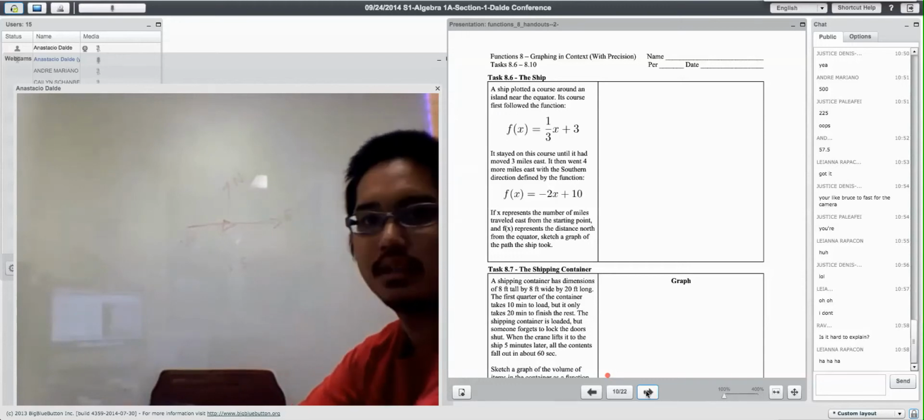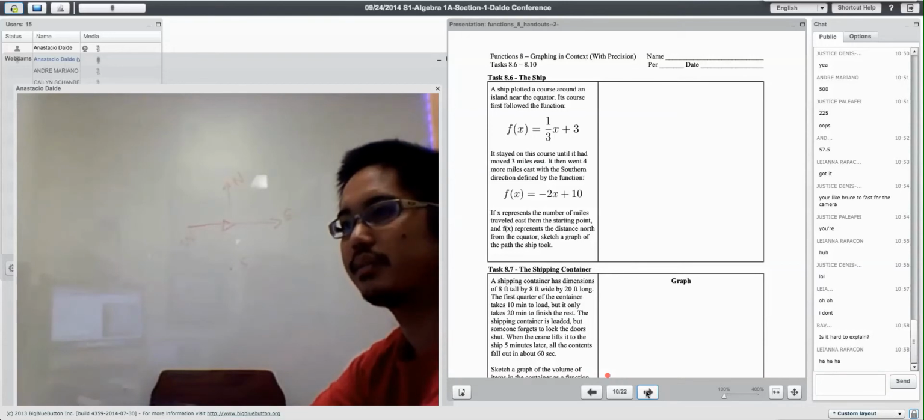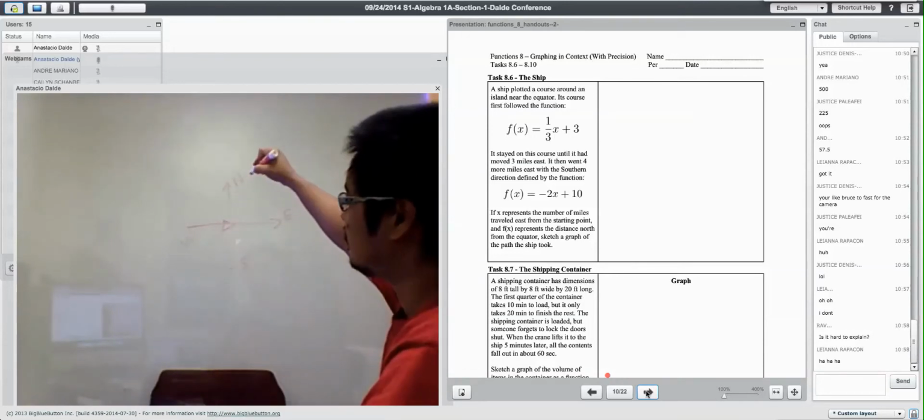The ship moves at 1/3 x plus 3. So they were saying that this is f of x, and this is x, right?